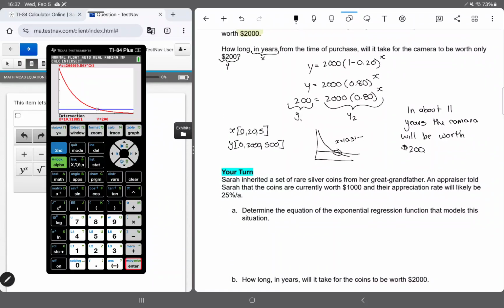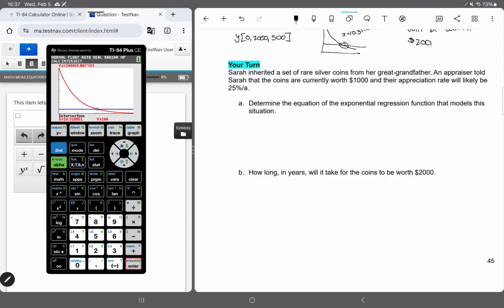All right. Sarah inherited a set of rare silver coins from her great-grandfather. An appraiser told Sarah that the coins are currently worth $1,000, and their appreciation, so this is going to be a 1+ situation, rate will likely be 25% per annum.